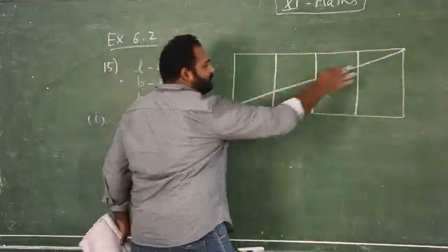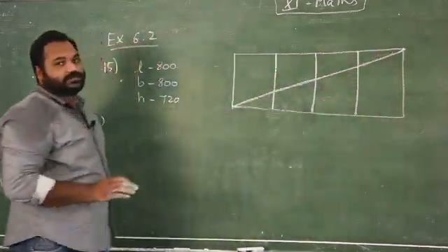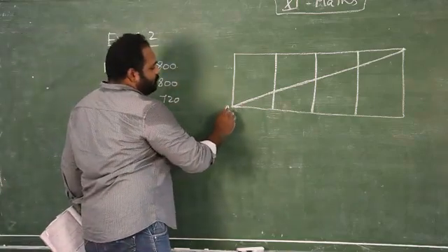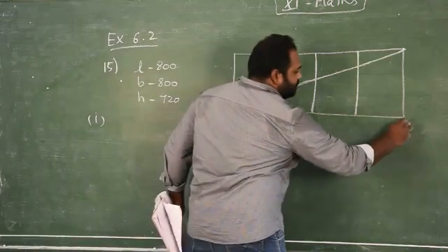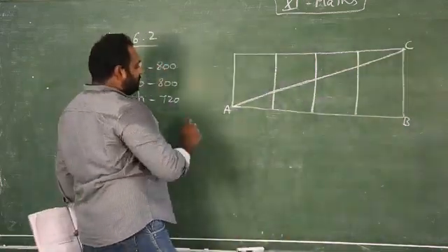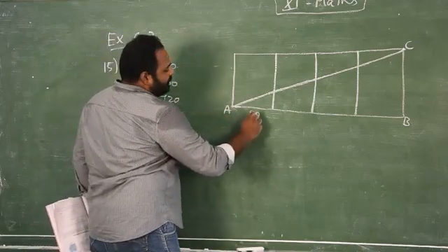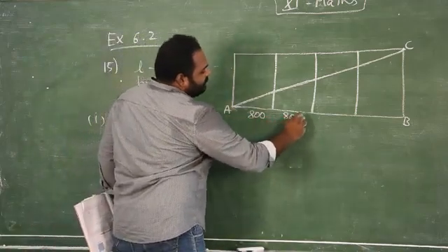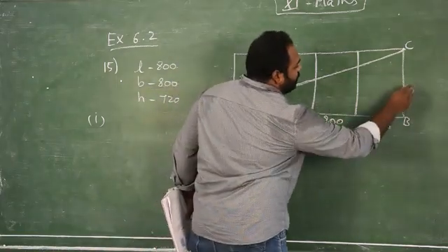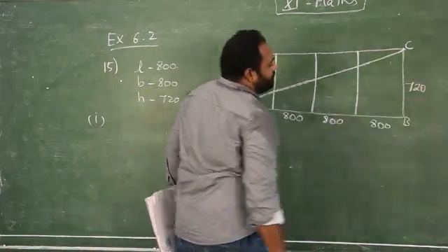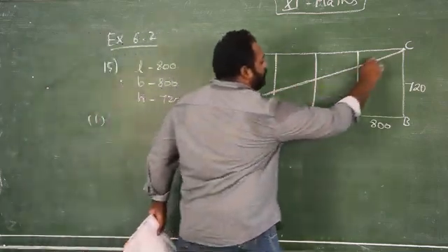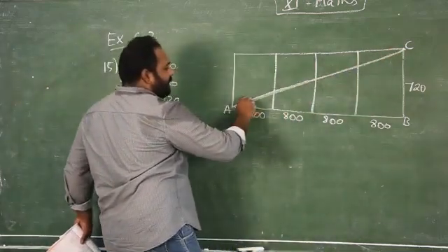If you find this distance, that is the first question's answer. Here I am giving the names A, B, C. The dimensions are given: length 800, breadth 800, length 800, breadth 800, and height 720. They are asking us to find this AC distance.